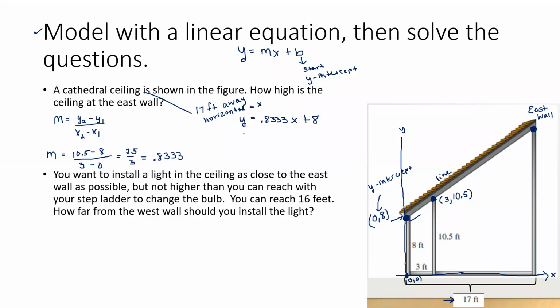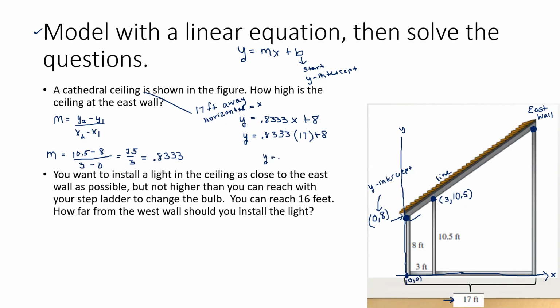And so in my formula, I'm going to plug in y equals 0.8333 times 17, putting that in for the x, plus 8. And then I literally am going to go to a calculator and do that math. And I came up with 22.16, and the 6 repeated.